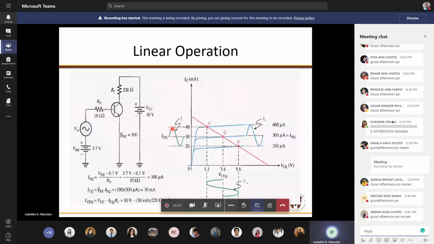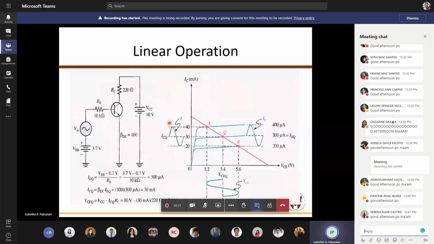So, etong input na ito, you project it here, or itong waveform na ito, you project it here kung saan tumama dito sa IB na ito. Okay, ito yan. And then for the negative peak, you just project and then you draw the load line.